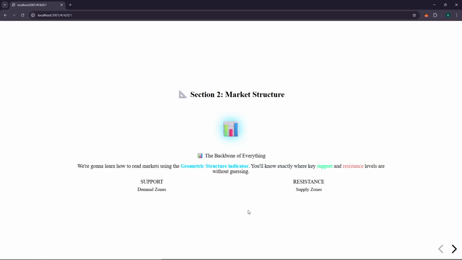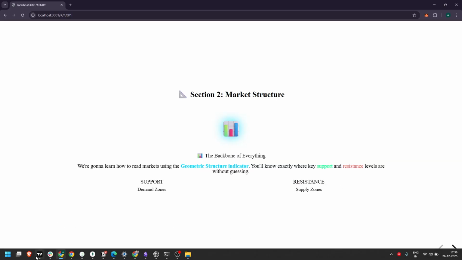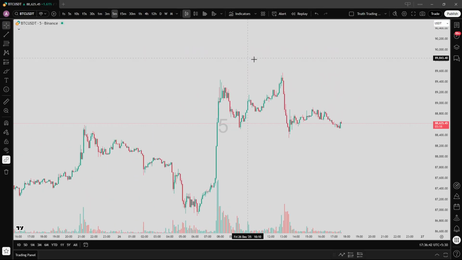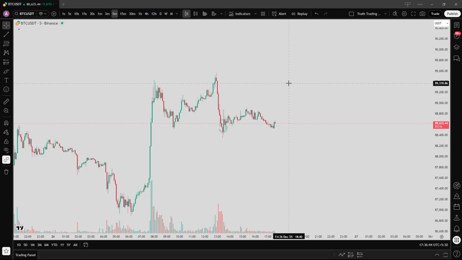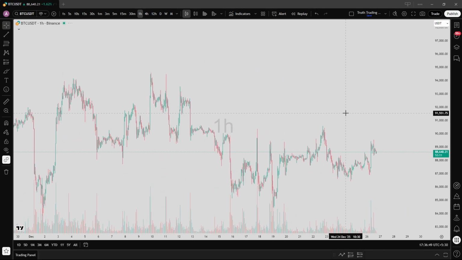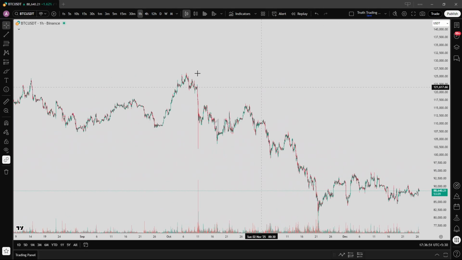Let me actually show you what I mean. Here I have a chart of Bitcoin, 5 minutes. Let me put 1 hour. So this is what we see.